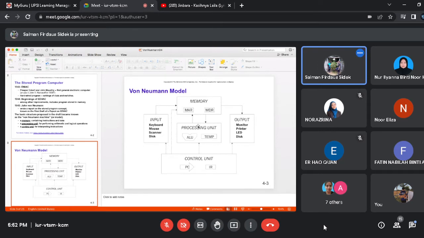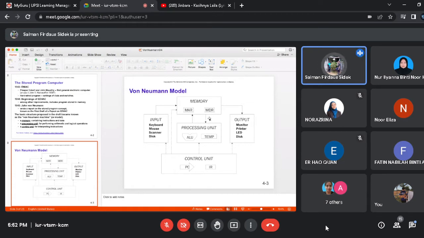I repeat, data that has not been processed, we call data. Data that has been processed, we call information. Both the data and the information will be kept in the memory. That is the basic concept of how data flows from input to output.